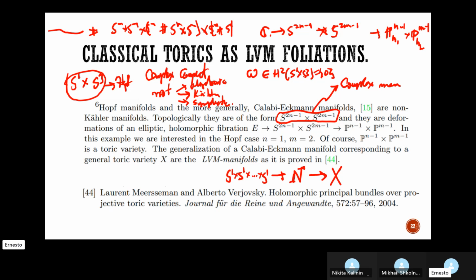The fiber is algebraic, but the total space is not algebraic. It is a complex manifold that generalizes the Calabi-Eckmann manifolds for every toric variety. This was 2004, and these are called the LVM manifolds.